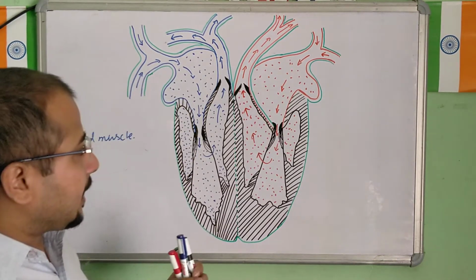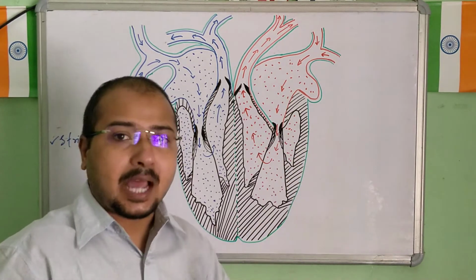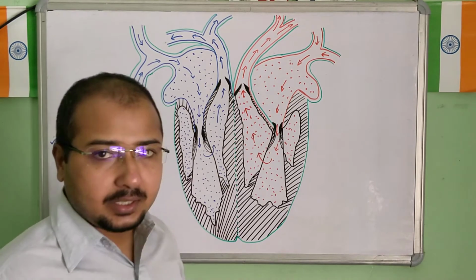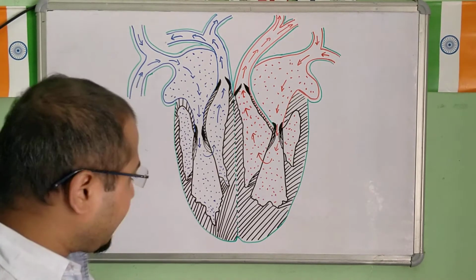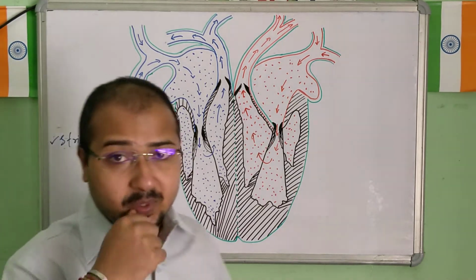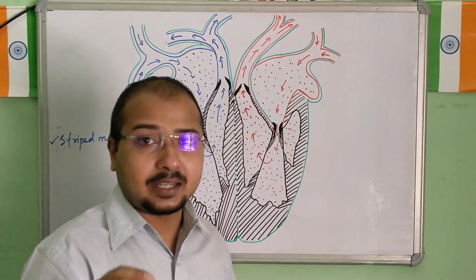Now if you look at the outer membrane of the heart, it is the pericardium. I have not drawn the double membrane here, but the pericardium has two layers, and in between the two layers there is a fluid called pericardial fluid.